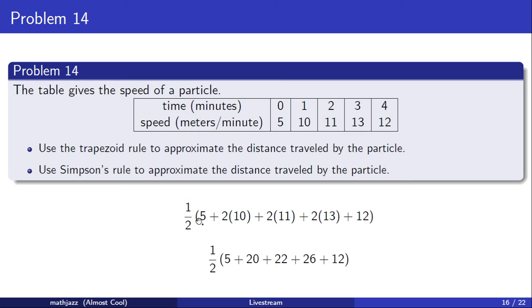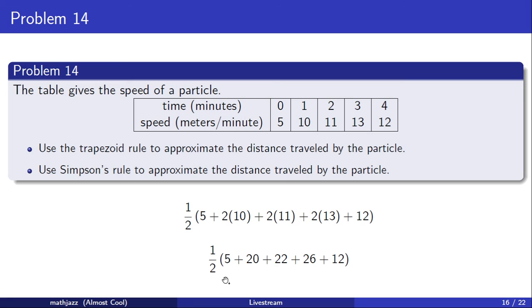So this is because we're basically averaging the height at each endpoint of a rectangle to get our trapezoid. And so we get delta over 2, which is 1/2, times the first height plus 2 times the second height to the second to last height plus the last height.